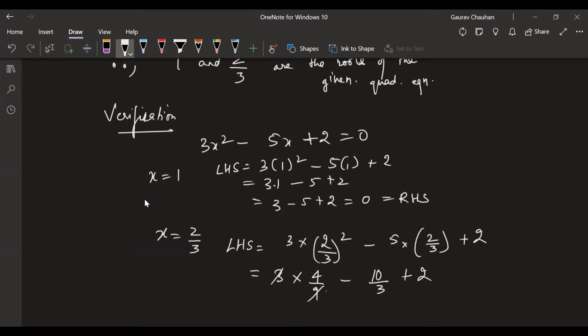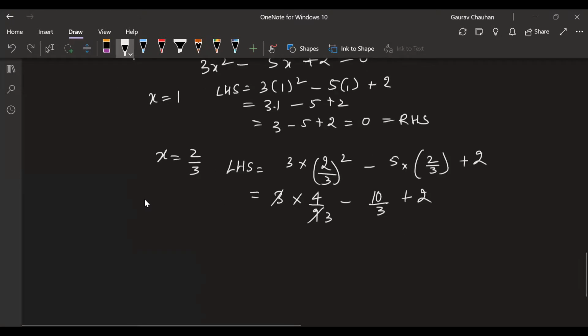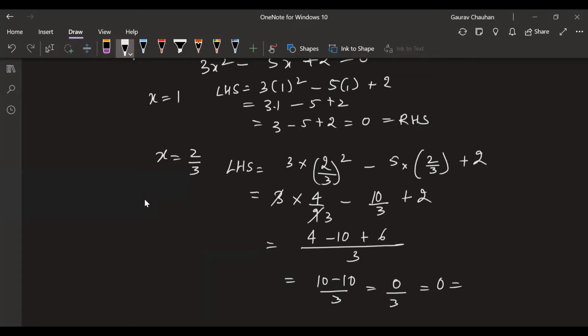This and this get cancelled. 4 by 3 minus 10 by 3, and let's take denominator as 3. So 4 minus 10 plus 6. That's 0 by 3, that's equal to 0. That is equal to RHS.